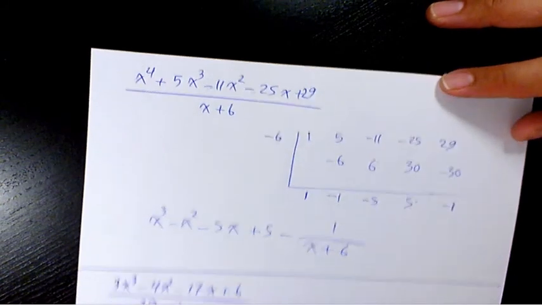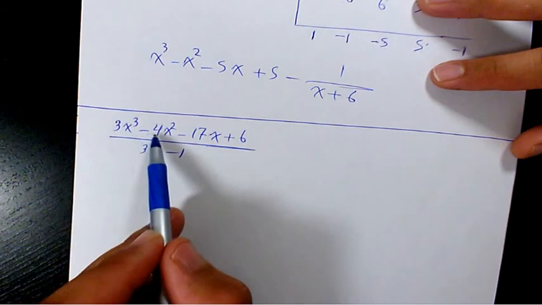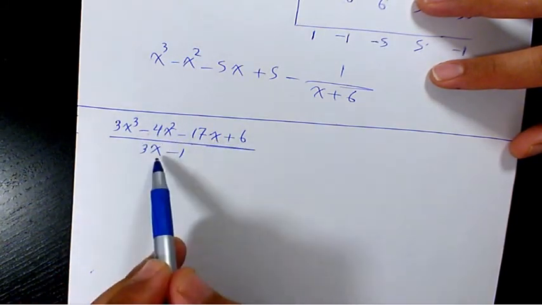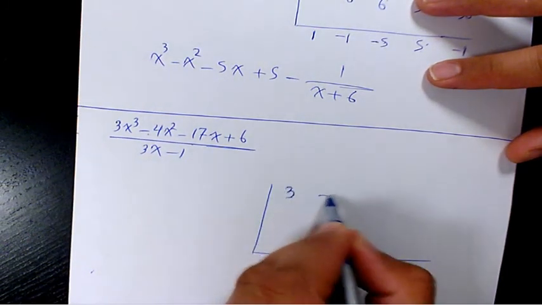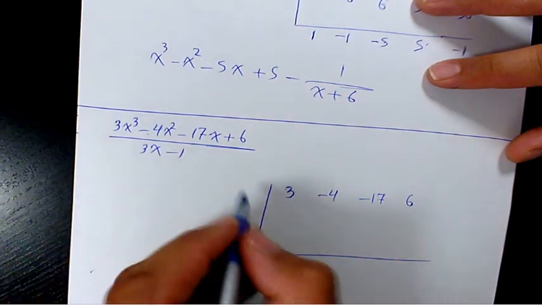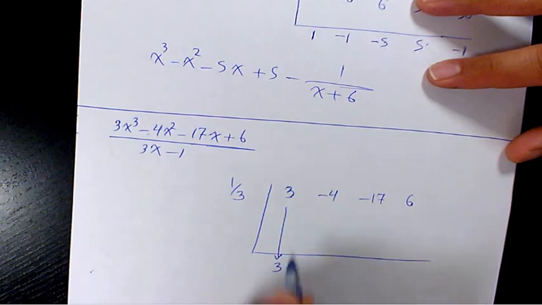That's the remainder. And the last one is 3x cubed minus 4x squared minus 17x plus 6 divided by 3x minus 1. So what do we need to do? 3, negative 4, negative 17, and 6. The root of the denominator is going to be 1 over 3. You bring 3 down. 3 times 1 over 3 is going to be 1. 1 and negative 4 is going to be negative 3.